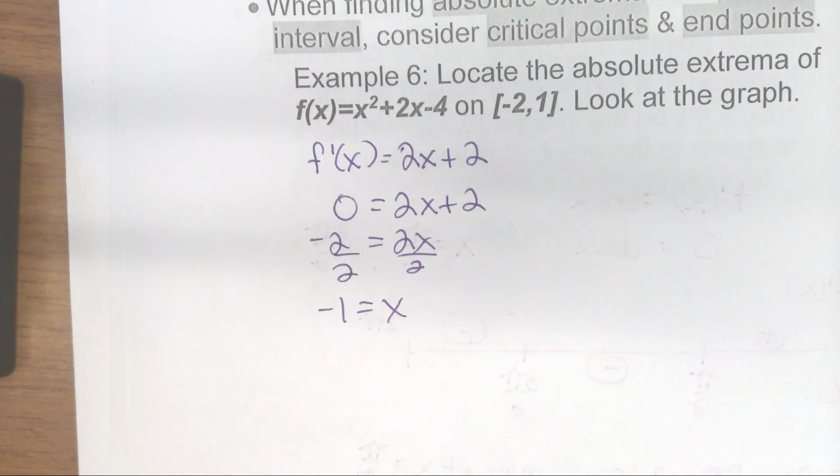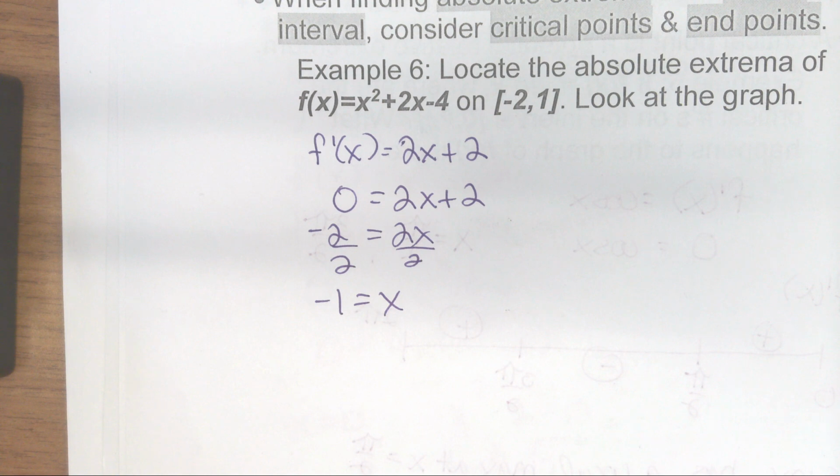A critical value does not necessarily mean that it's a max or a min. So what we're going to start dealing with this chapter is we would want to make sure that it's where the derivative changes signs, right? Remember me talking about that? Because let's say there's a function, and right now that function has a positive slope, and then it has a 0 slope, and then it has a positive slope again.